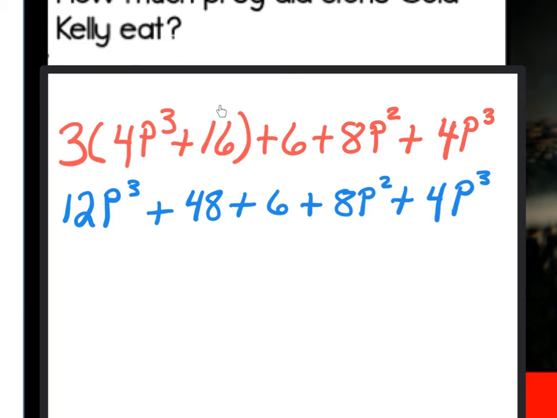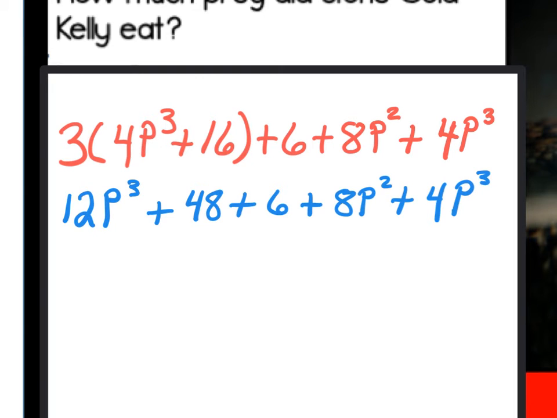And then 3 times 16 is going to give you 48, so plus 48. Then all you have to do is drop the rest of the expression: the plus 6, the plus 8p to the 2nd power, and the plus 4p to the 3rd power. Superb. This is the next way you should have the expression written. It doesn't have to be exactly in this order, but all of these elements should be in there.